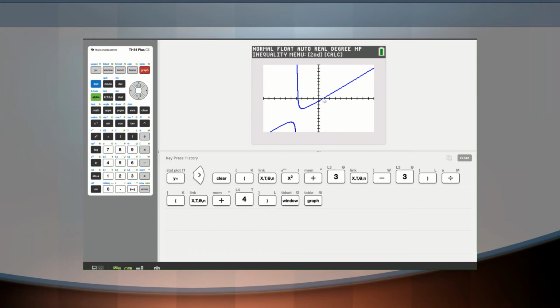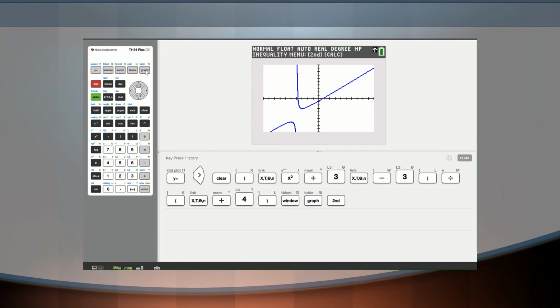We had a y-intercept at, what did we say, negative 3/4. Okay, that looks about right. And then we had x-intercepts at positive 0.8, approximately, and negative 3.8. So everything looks pretty cool right there.